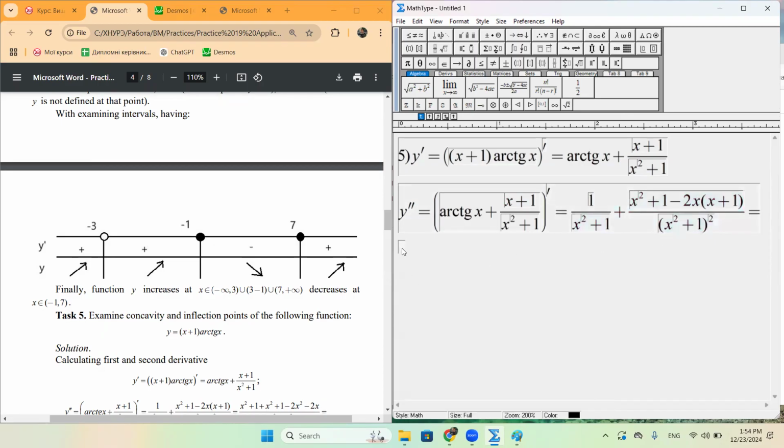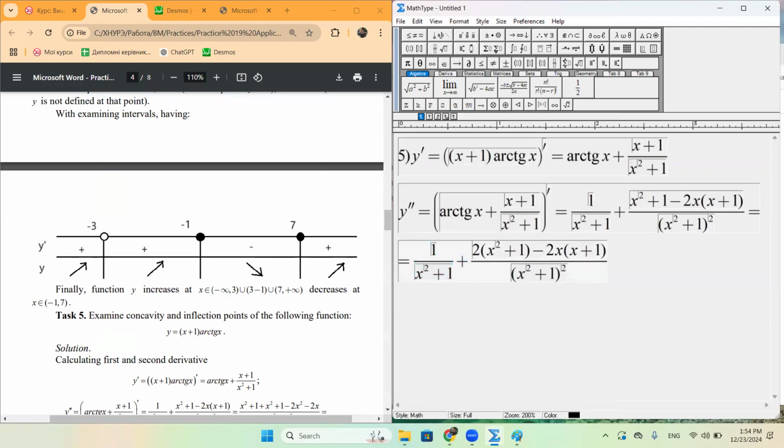By the way, let's find the common denominator. So let's transform it. Yeah, I can just do it like this. So put 2 here.